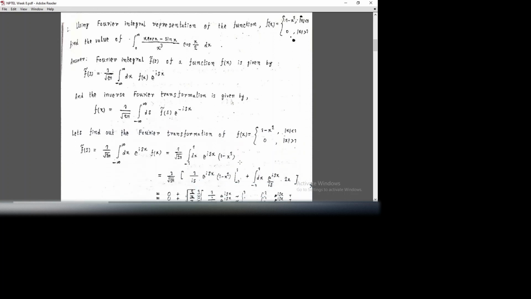Okay, and the second one. The problem statement is the same again, but here the range of integration runs from minus infinity to plus infinity. So the question is, using the Fourier integral representation of the function, find the value of this integral.